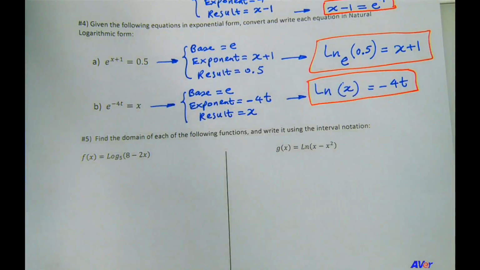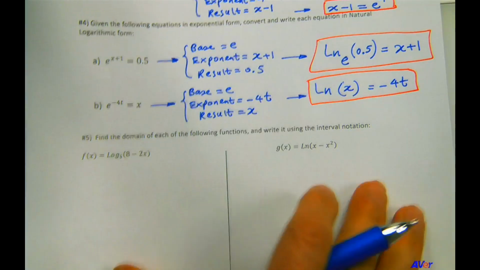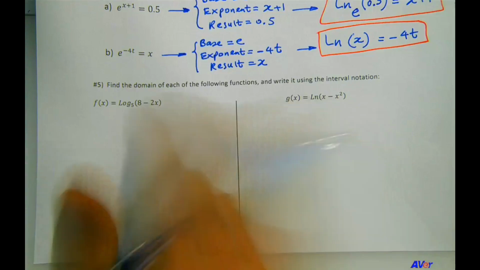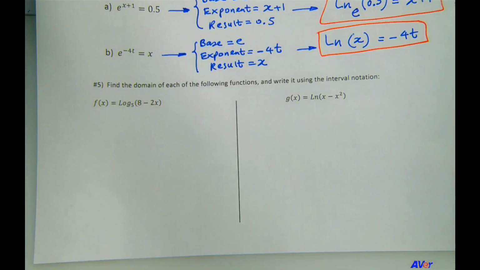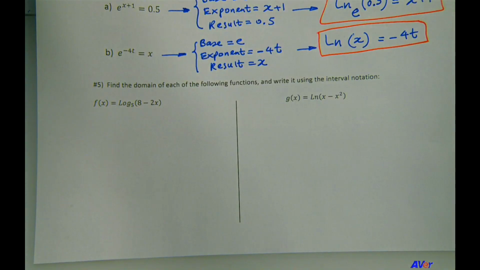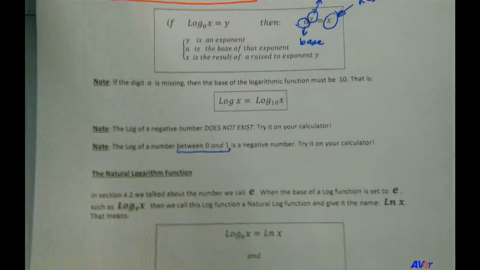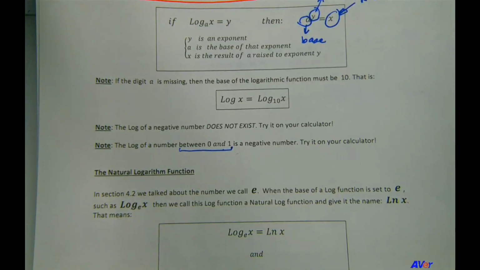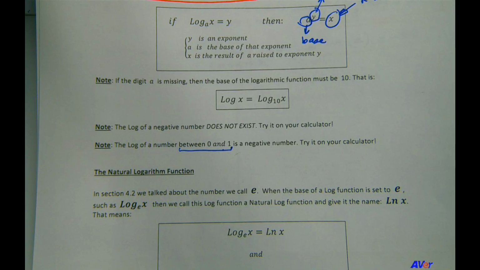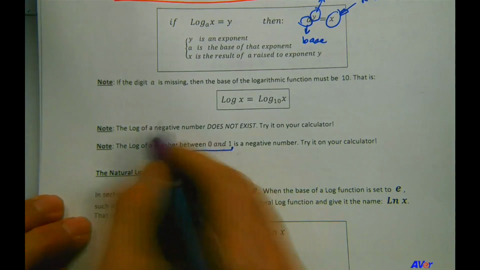Okay? All right. So number 5, it says find the domain of each one of the following functions and write it using the interval notation. Aha. This is very interesting. Let's see what we have here that helps us answer this question. Let me bring back the first page. What statement on here helps us find the domain of a log function? Let me box this.